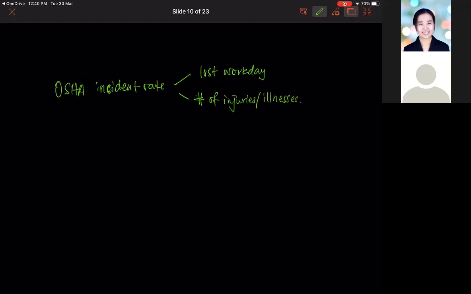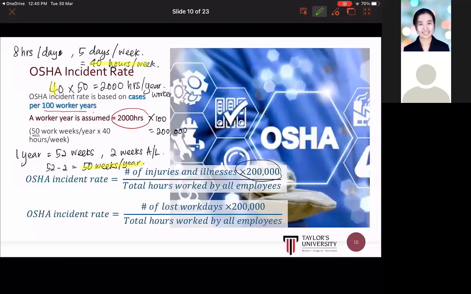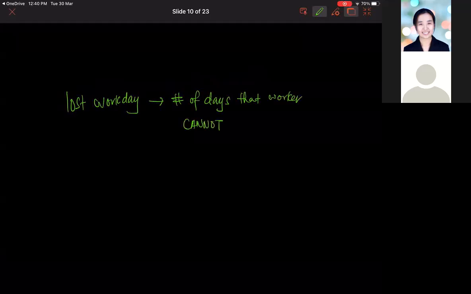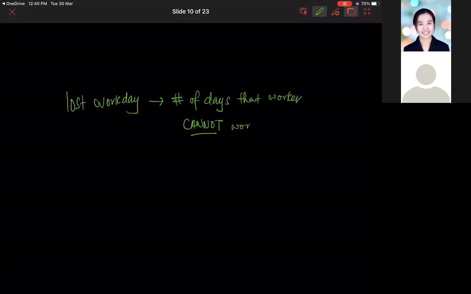Lost work day focuses on the number of days that the worker cannot work.